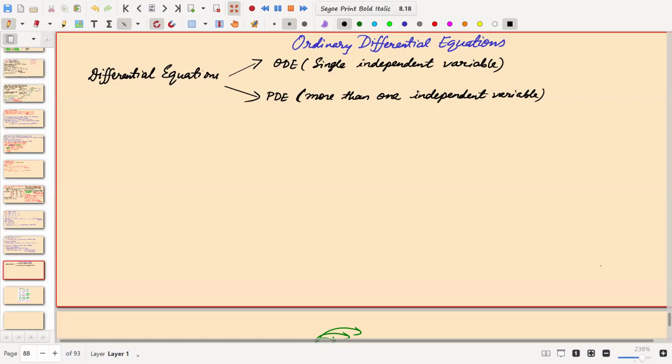So what is ODE? We'll write an nth order ODE first, just a general version.